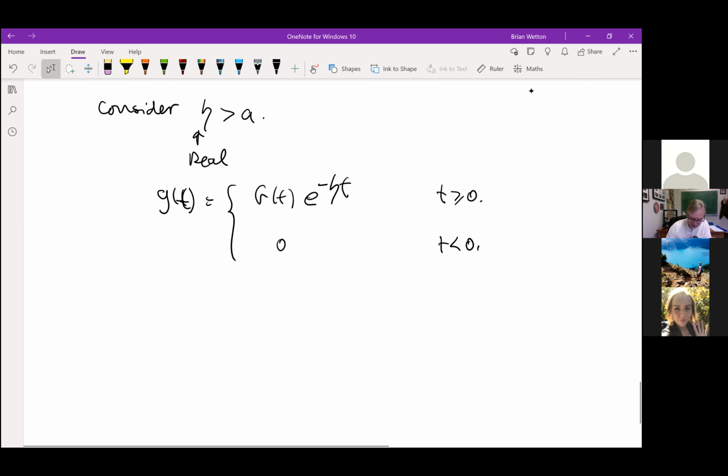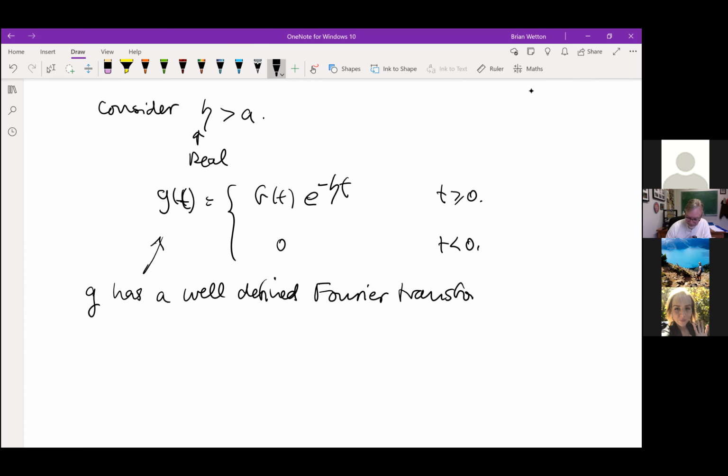And then I'm going to notice that g has a well-defined Fourier transform. You can integrate it, because it's decaying exponentially, so it's all good. So let's talk about its Fourier transform.